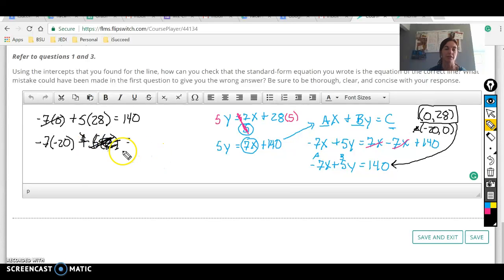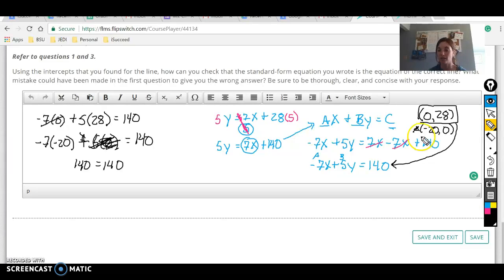I got a little sloppy there. Sorry about that. And negative 7 times negative 20, the negative and the negative give me a positive 140. Okay, so I know that I have the correct standard form of this equation because both of these points give me 140 for my constant term.